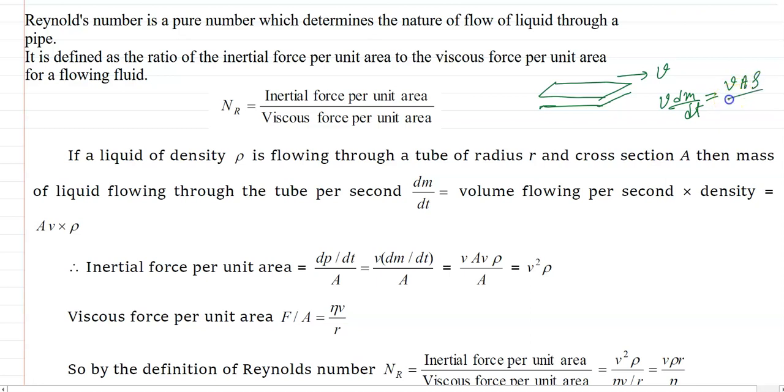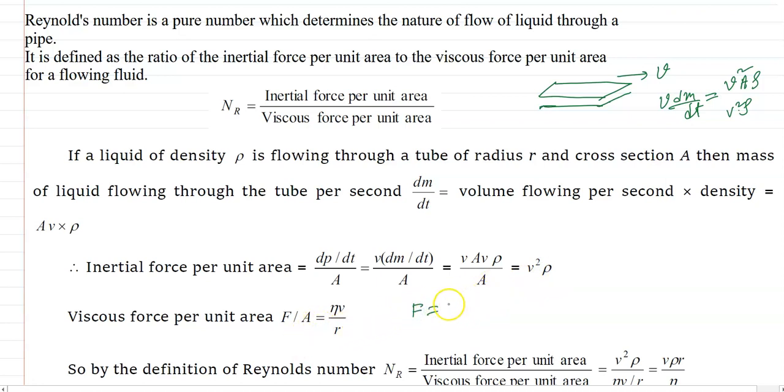This is the inertial force. If I take the inertial force per unit area, then it is v squared rho. This is the inertial force per unit area.